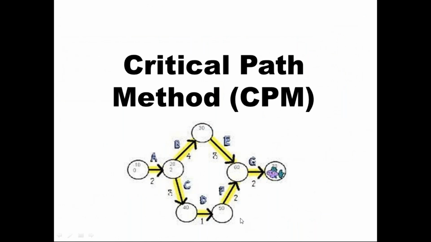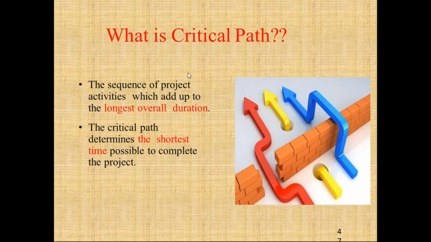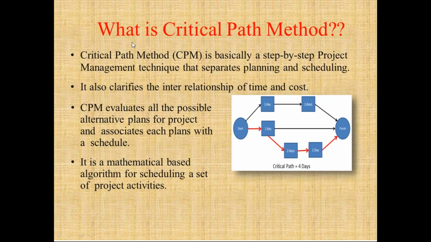The next thing we'll be seeing is the critical path method. So what is a critical path, we'll be seeing first. The sequence of project activities which add up to the longest overall duration, the critical path, determines the shortest time possible to complete the project. So what is the critical path method? The critical path method is basically a step-by-step project management technique that separates planning and scheduling.